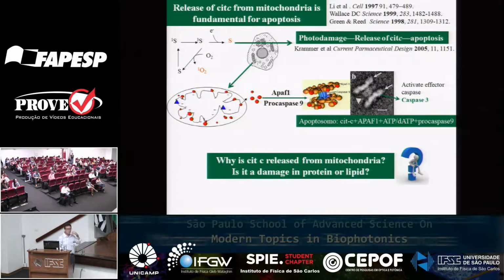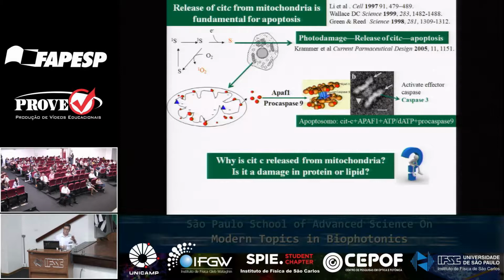And what is the consequence of reactive species damaging the membrane, by mechanisms that we discussed yesterday, inside mitochondria? The consequence is the following. You release a molecule called cytochrome C, which is here in the internal membrane of mitochondria and is responsible for transferring electrons from complex 3 to complex 4, and also if it gets released from mitochondria, it leads to apoptosis.